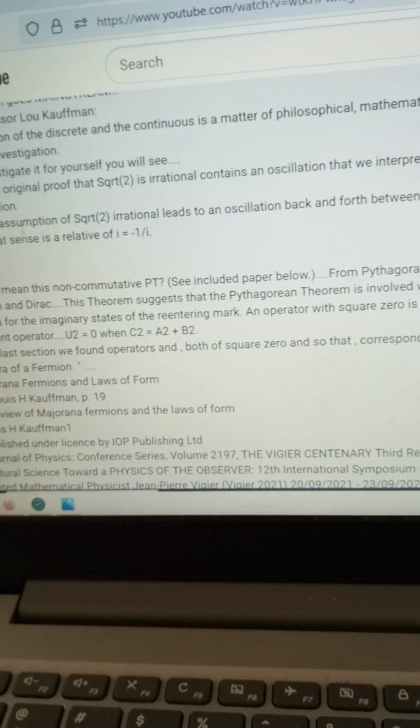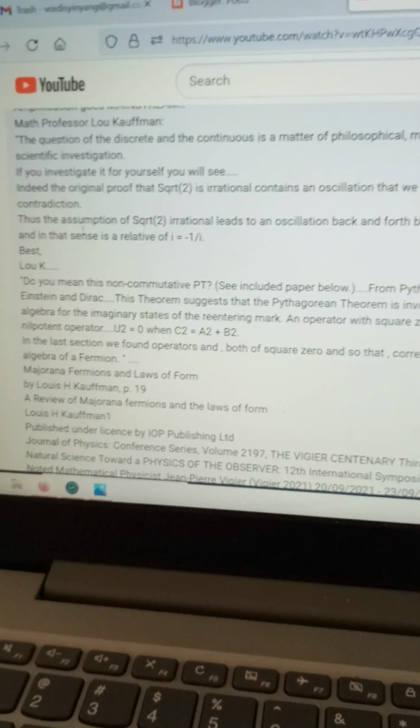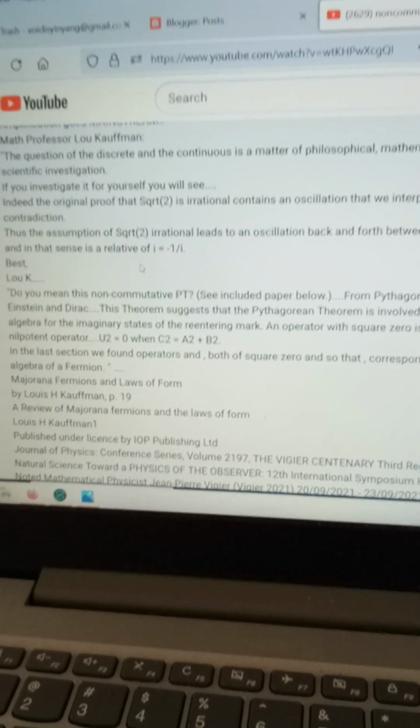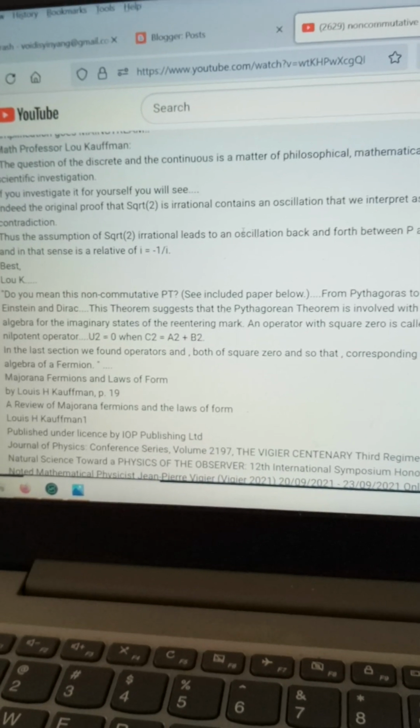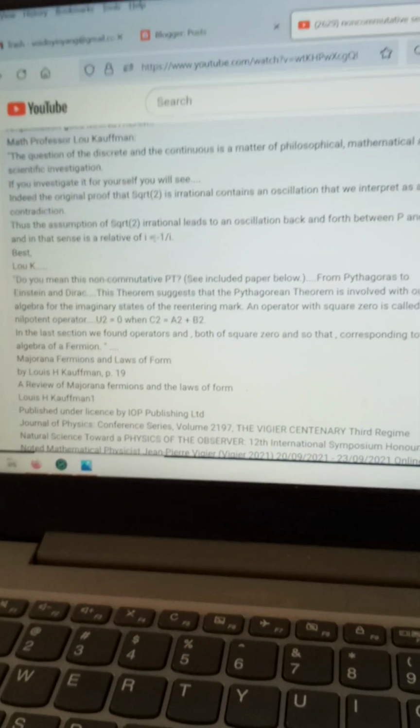Oh, right here I have math professor Luke Hoffman. In his reply to me, I had written him about the Pythagorean theorem being non-commutative, and he said, yeah, if we consider that the original proof is actually an oscillation between the two magnitudes, then in a sense it's like the oscillation that creates the square root of -1.